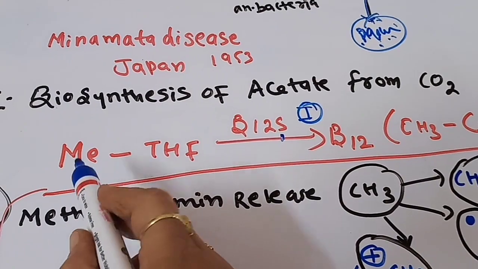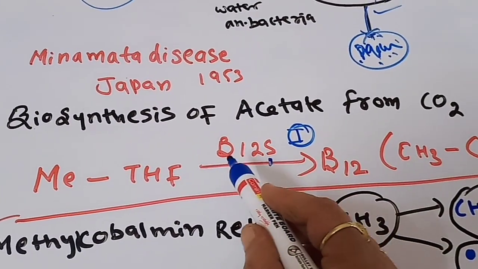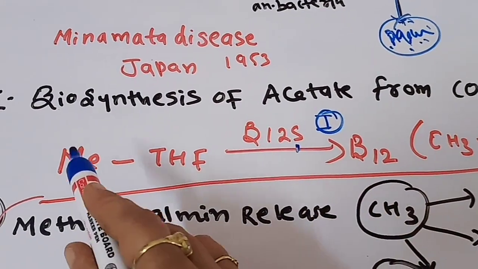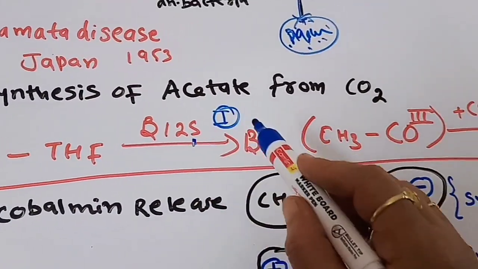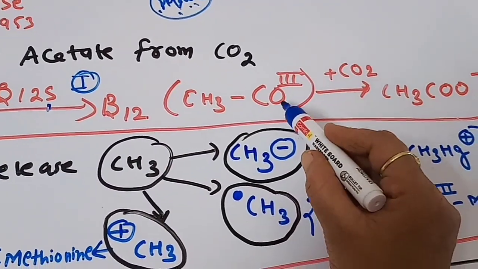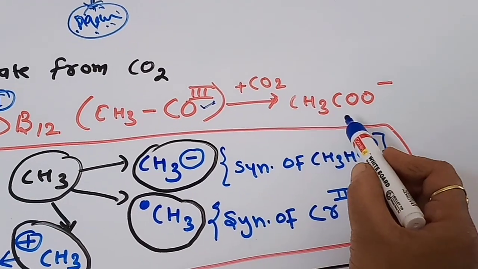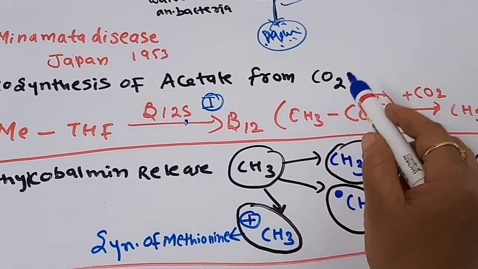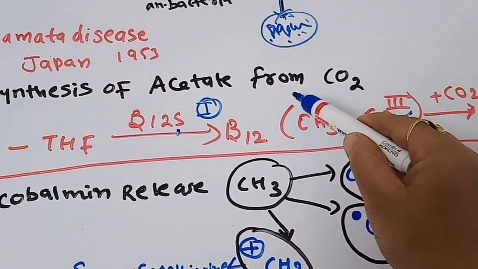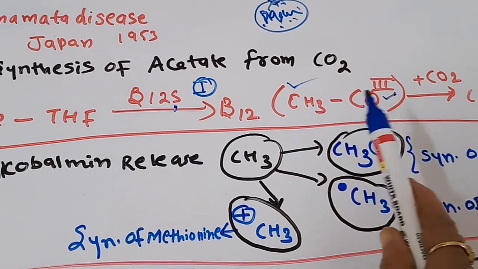So the same methyl tetrahydrofolate will provide one methyl group to this vitamin B12s form, and it will get converted to the third oxidation state, and it will convert the carbon dioxide to the acetate form. So this is also important, the biosynthesis of acetate from carbon dioxide with the help of the methylcobalamin coenzyme.